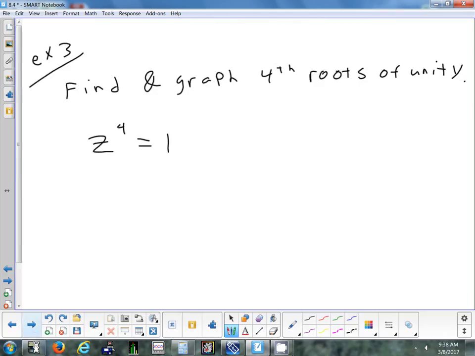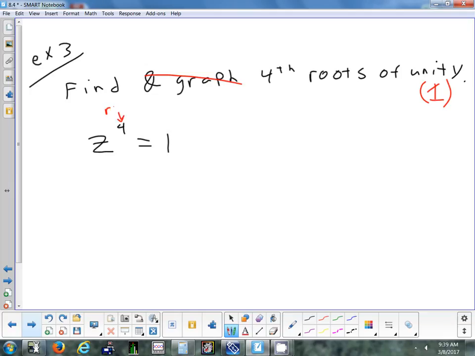All right, so let's try this one. As far as graphing, don't worry about the graph. When you graph your answers, it turns out they're all nicely spaced, but I just want to find them. That's good enough. So we're going to find the fourth roots of unity. Okay? And the way I would word this on the test, I'll just put a 1 there. So find the fourth roots of 1. Okay, so that's the equation you have to set up.